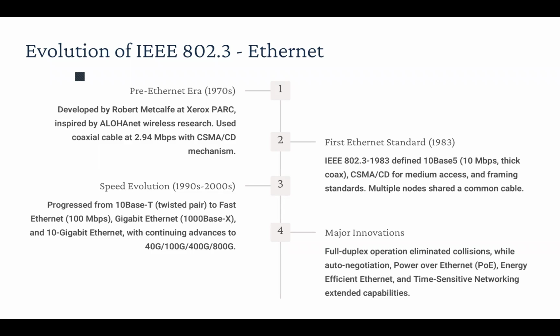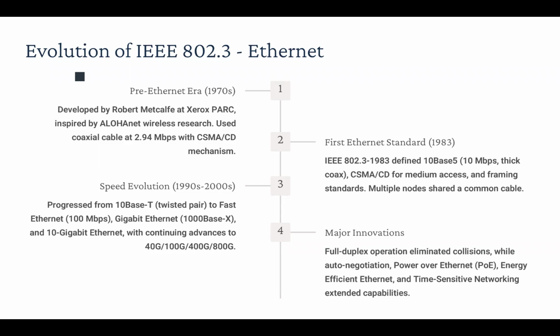And Fast Ethernet, which we call 100BASE-TX, increased the speed to 100 megabits per second, which was followed by 1000BASE-X, which improved the speed to 1 gigabit per second using fiber and copper.